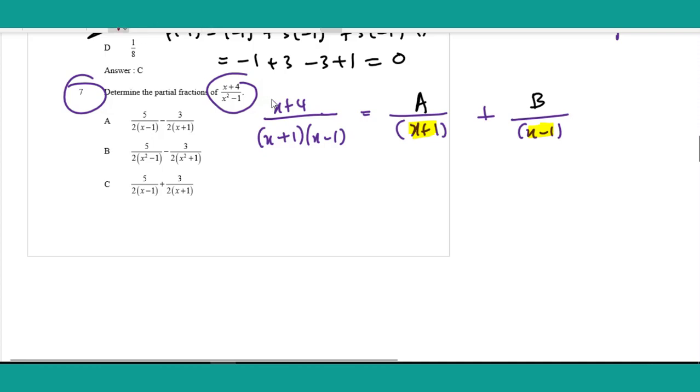Next step, multiply everything by x plus 1, x minus 1. Multiplying this term cancels, so on the left hand side we just get x plus 4.